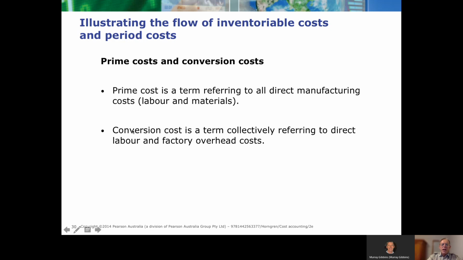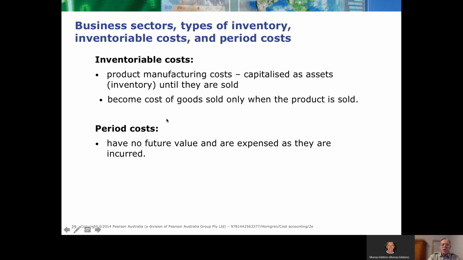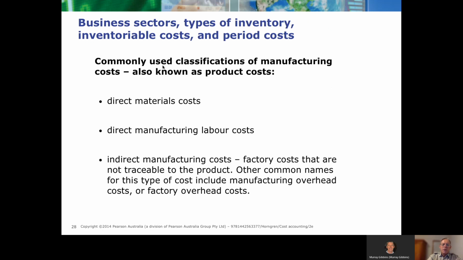Conversion cost is the cost of converting the raw material. So remember, there's 3 costs in the production process. Direct material. So here's my prime cost made up of that and that. And then my conversion cost, it's not the cost of the material. Of course, it's the cost of converting it, or what costs are involved in converting these raw material component parts into work in process and finished goods.